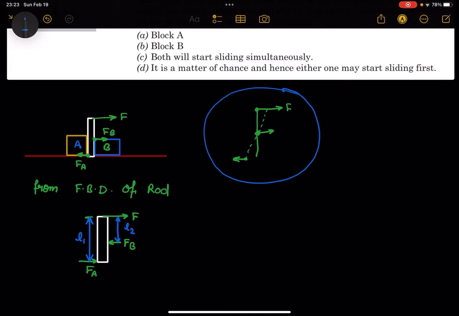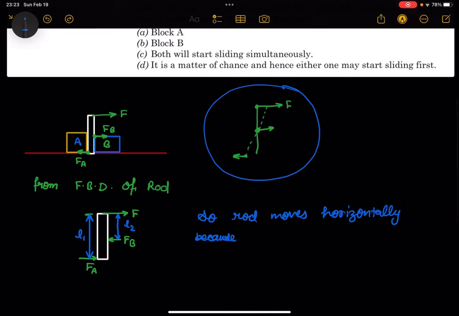So the rod moves horizontally because of the presence of blocks.